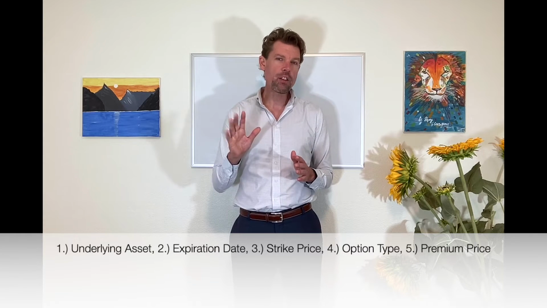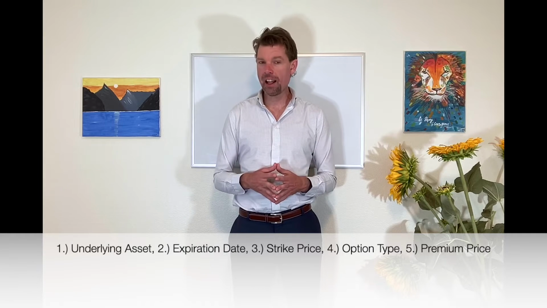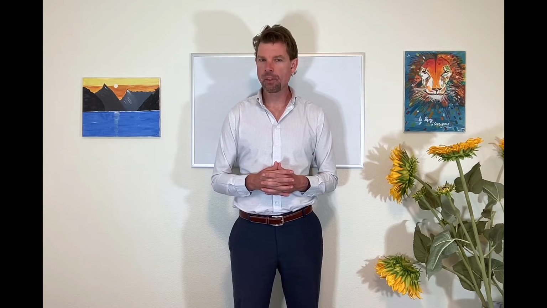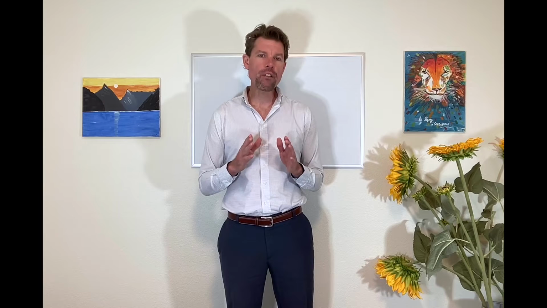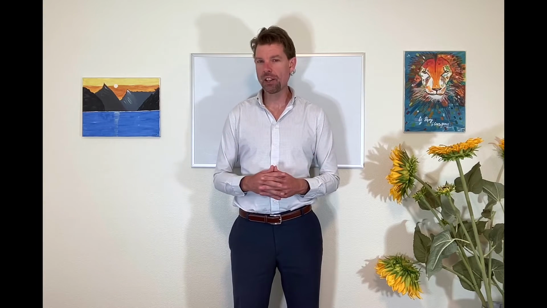And 5, the premium price, sometimes known as the option value. Those are the 5 parts that make up every option contract. Okay, so let's start from the top at number 1 and explain in further detail each of these 5 parts.